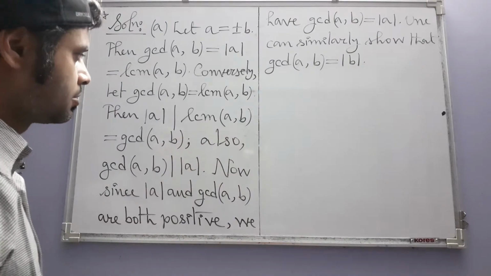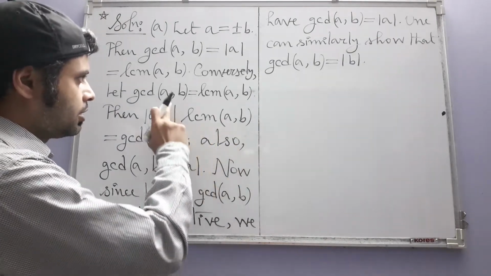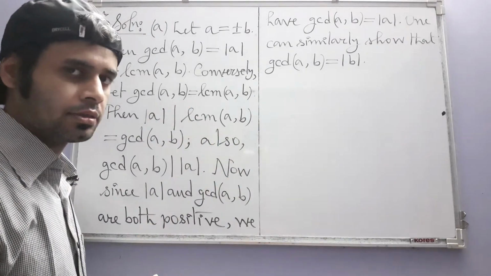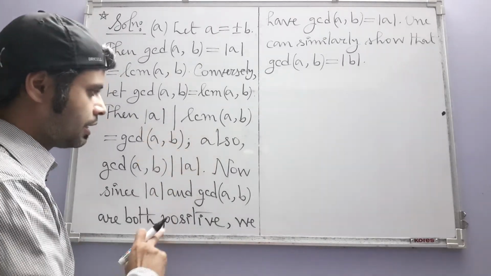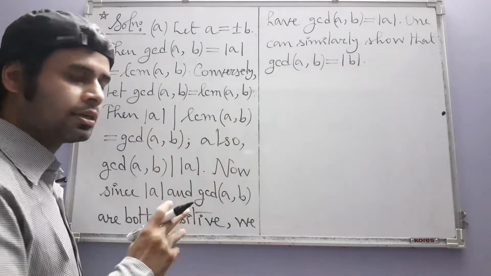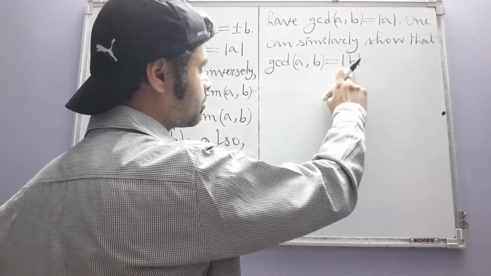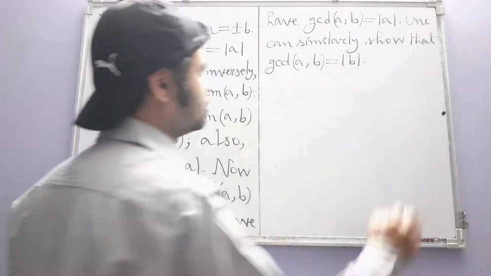In other words, in the given situation, A and B are symmetric. So whatever we did with A, we can do an exactly similar thing with B, and we will get a similar conclusion, that is this thing.